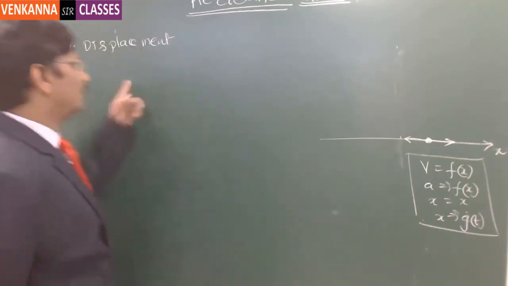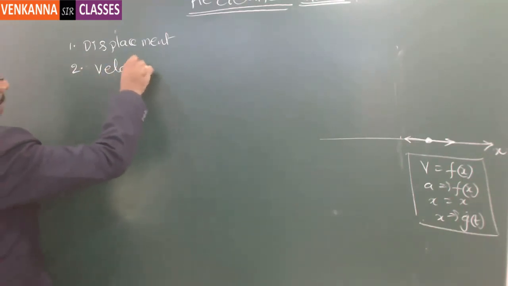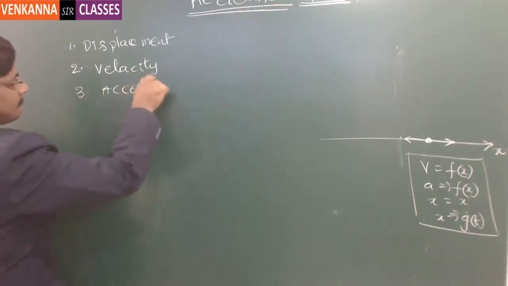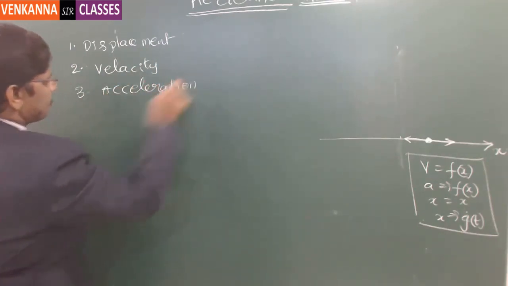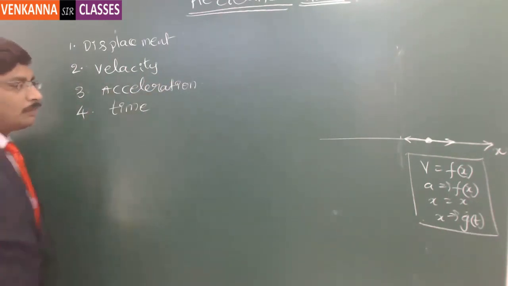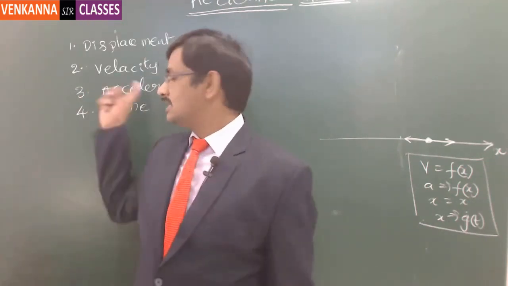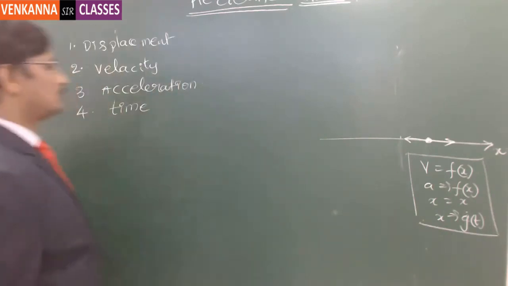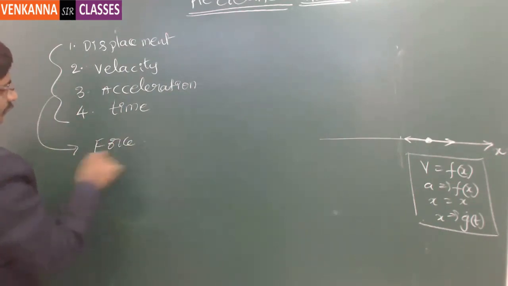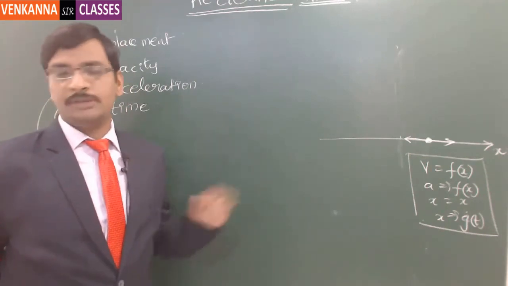Those variables are displacement, velocity, acceleration, and the fourth one, time. Whatever the complexity of the problems we are going to solve, we are always playing with only these variables. The cause of all these things is force. Except for these aspects, we are not going to deal with anything else, so this is the complete scope of the dynamics topic.